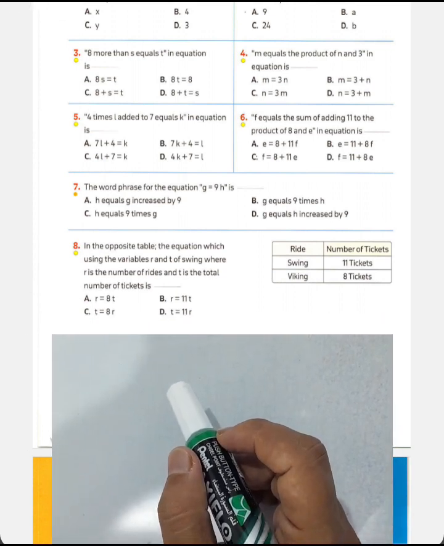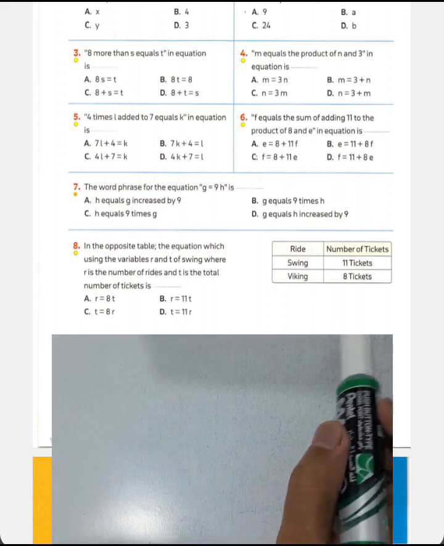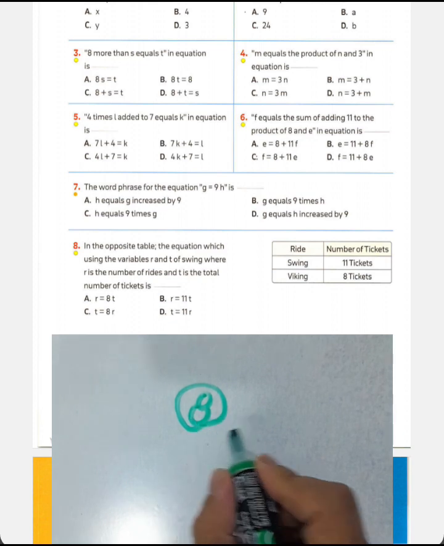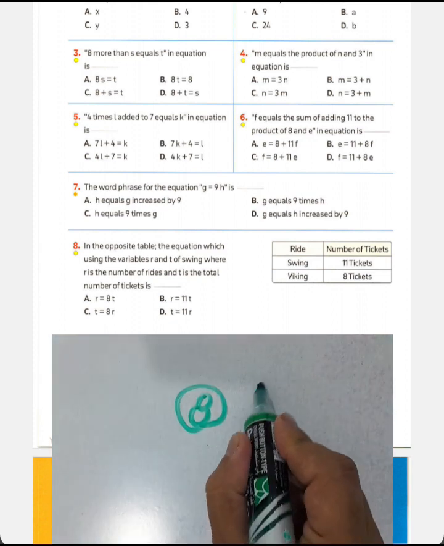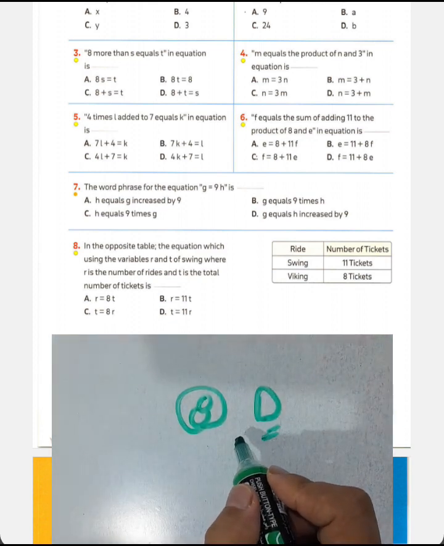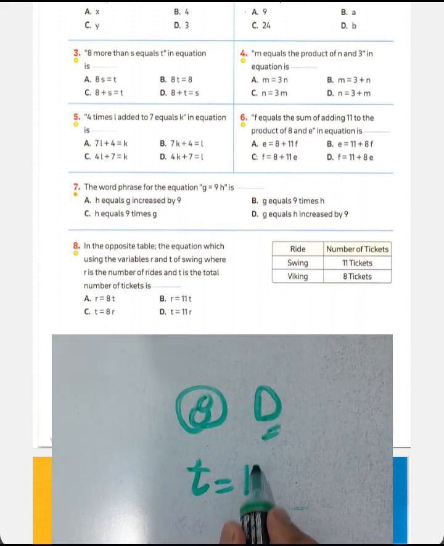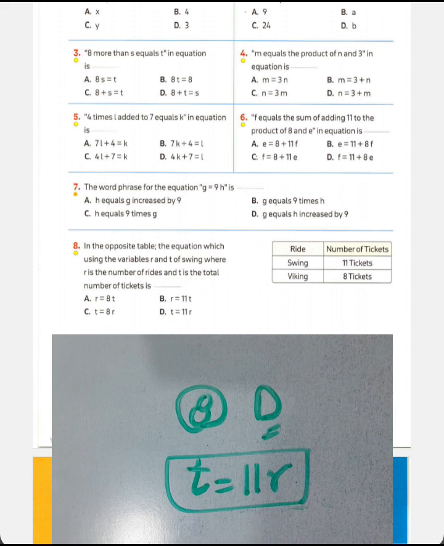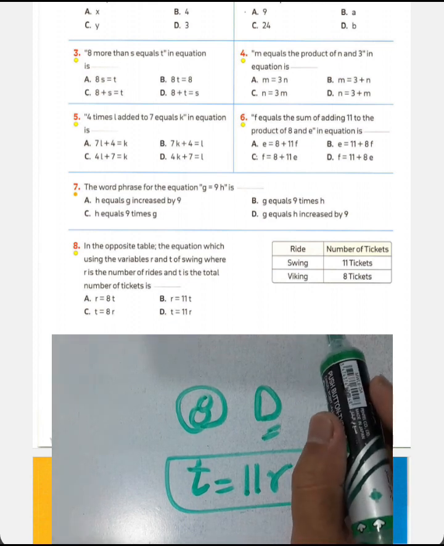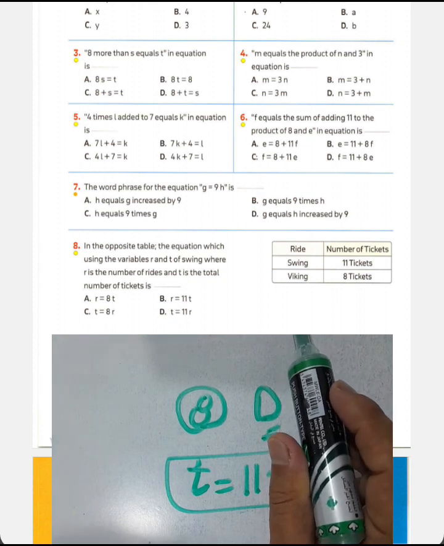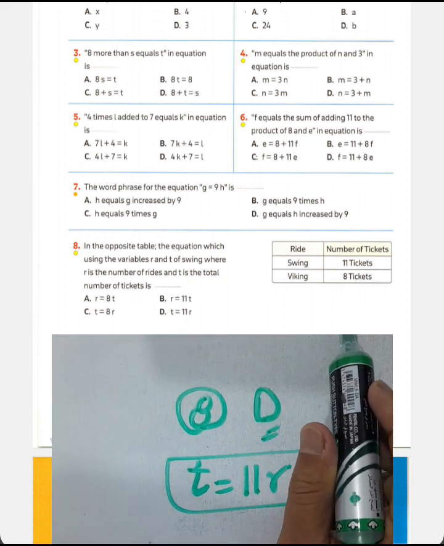We can find the relation between the ride and the number of tickets. Question number 8, we can choose letter D. We have here T, the total number, equals 11 multiplied by R, because the ride here, the swing, takes 11 tickets, and the Viking takes 8 tickets.